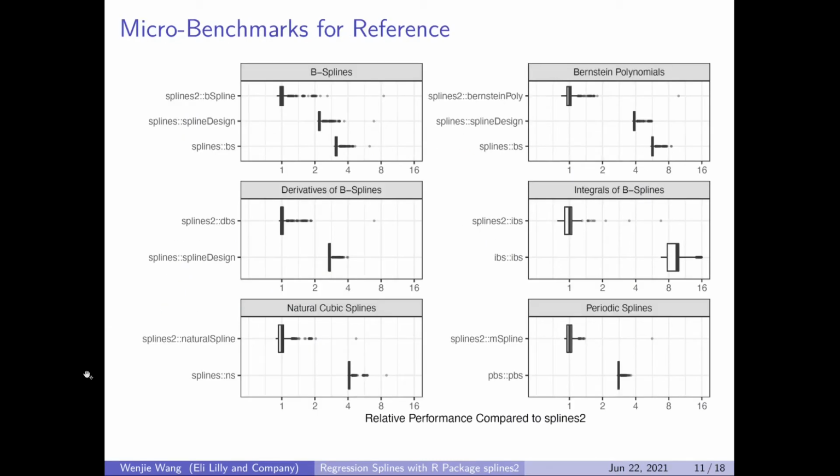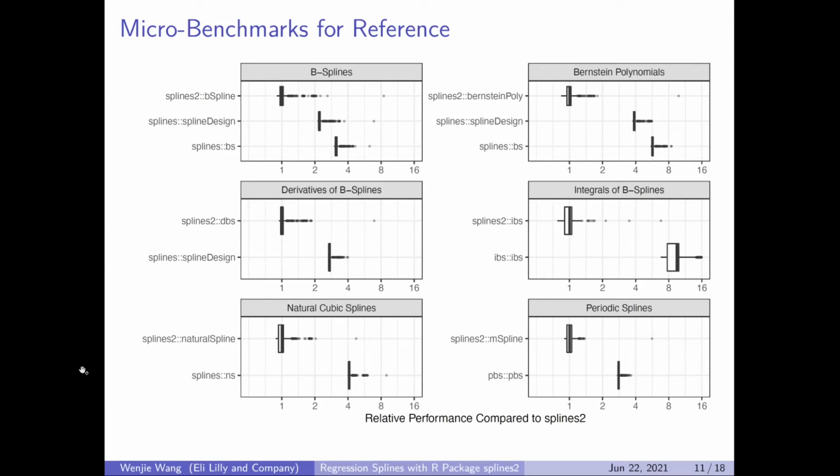Now let's look at a microbenchmark for comparison, for reference. We compare the available implementations for each particular spline basis. In the first, for b-spline, Bernstein polynomial, and the derivative of b-spline, we compare with the package splines, and we found that the implementation in the splines2 package can be slightly more efficient.